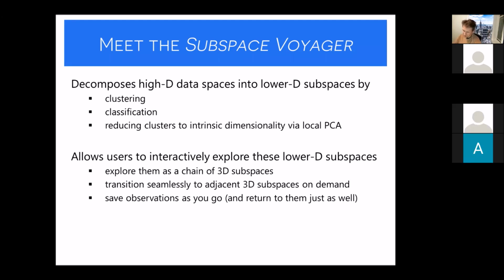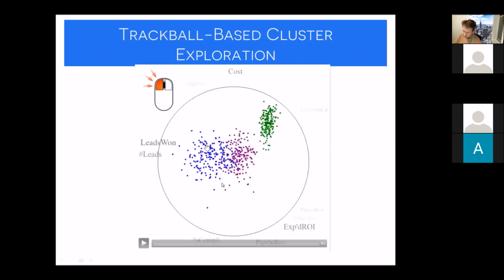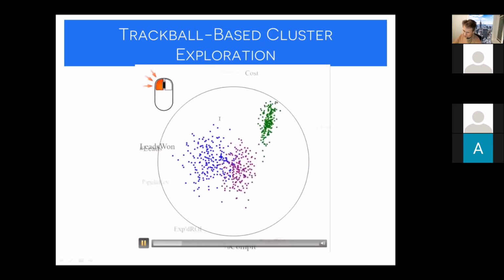And what you have here is essentially a three-dimensional subspace. Okay. A three-dimensional subspace, basically a subspace that's formed by three PCA vectors, three local PCA vectors. So why is it a 3D subspace? Because this ball here is not just a two-dimensional projection. You actually can rotate it, right?